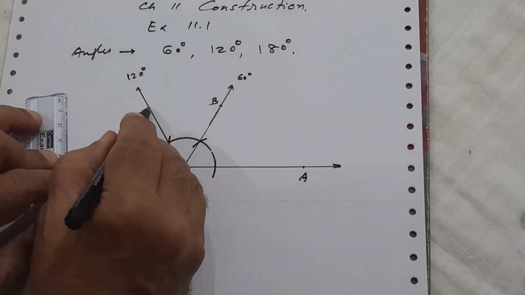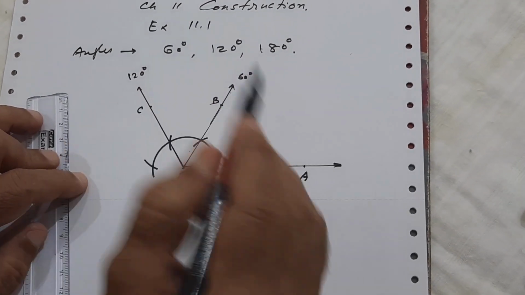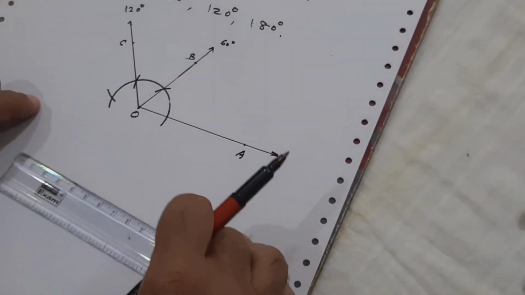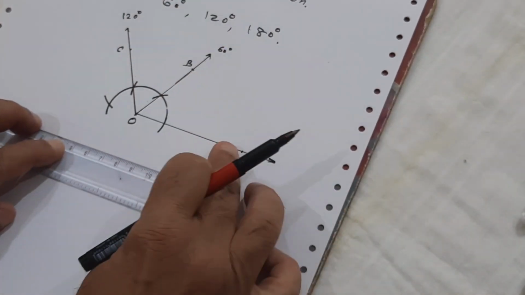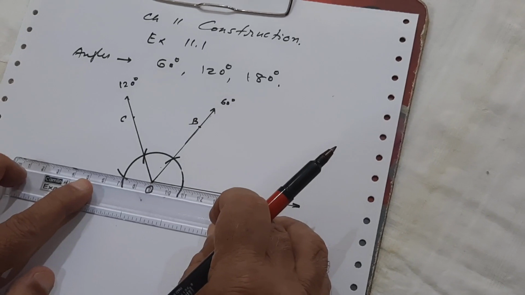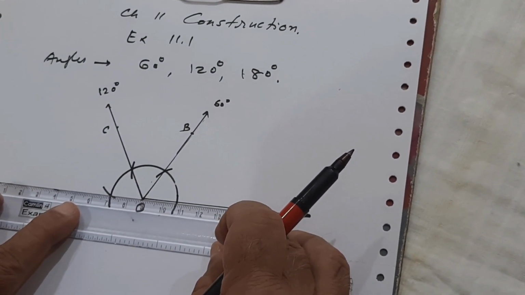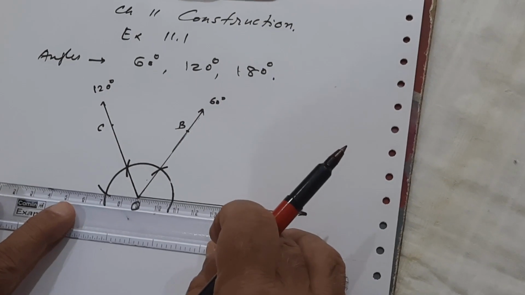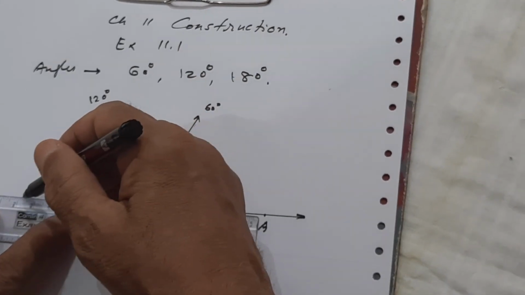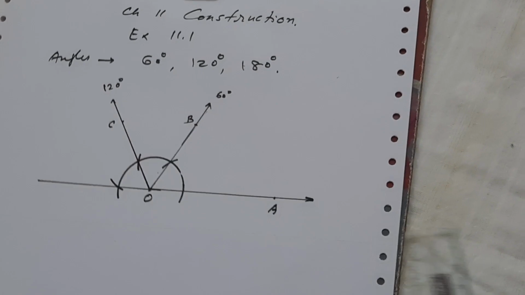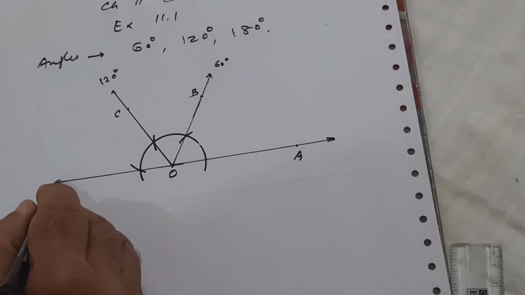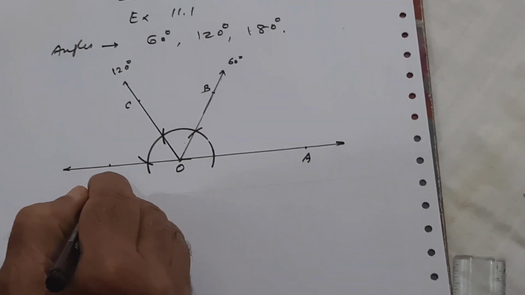You can label it as C. And you join this last arc with O, you will get one straight line. You know that straight line means 180 degree angle. You label it as D.